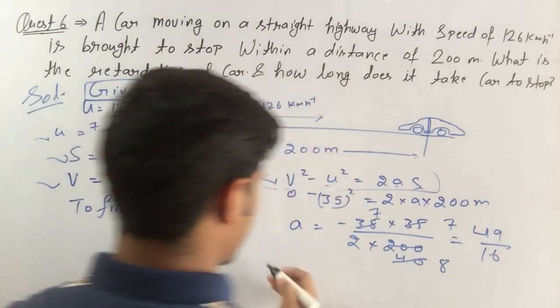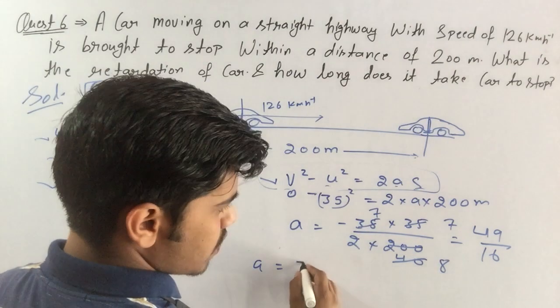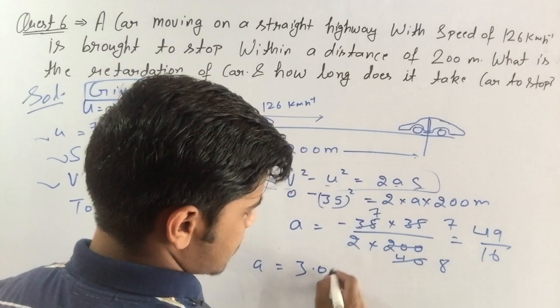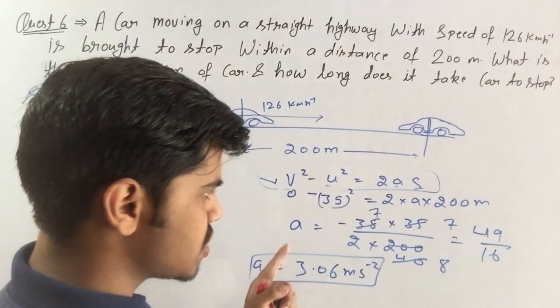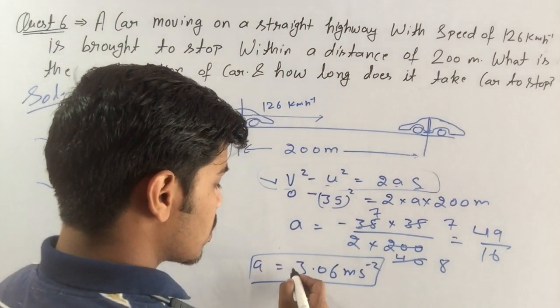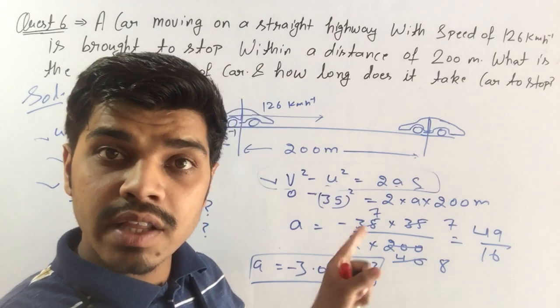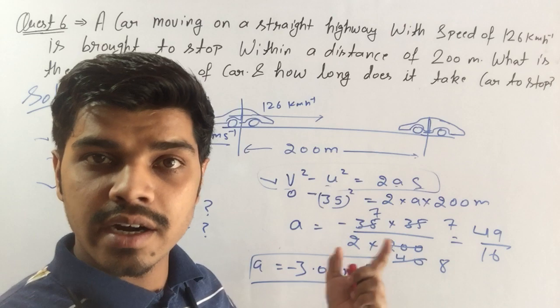So after dividing, our acceleration is minus 49 by 16, that is 3.06 meters per second square. This is our acceleration, and because it has a negative sign, we can say that it is a negative acceleration or retardation.